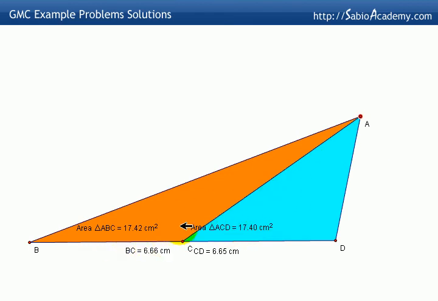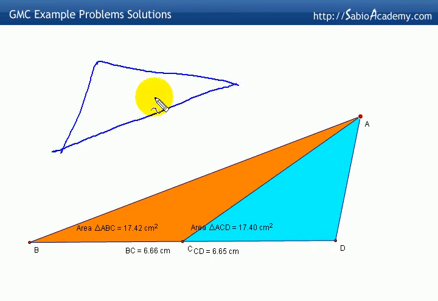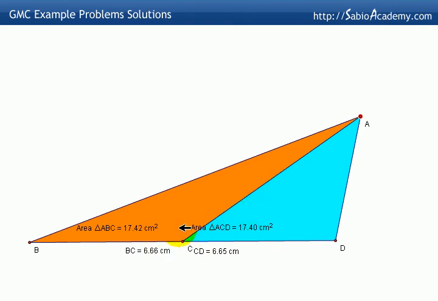If they are created by the same base like that, the easiest way to think of it is as if two triangles were created by drawing one and then slicing like this. That's the case. You have this common base. Then the ratio of their areas will be the ratio of their bases.